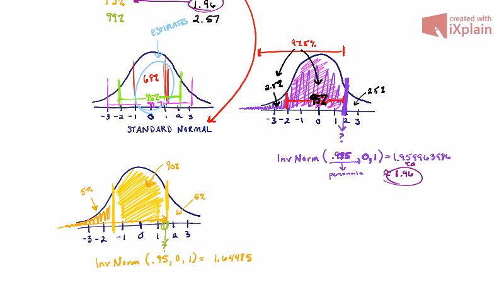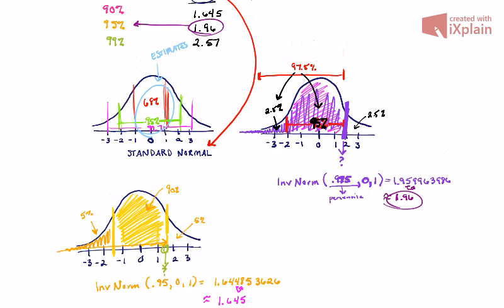Okay? So in this situation, if we rounded this to the third decimal place, we would take a look at the number on the right. So this simplifies to about 1.645, which is the same value that we have noted above.